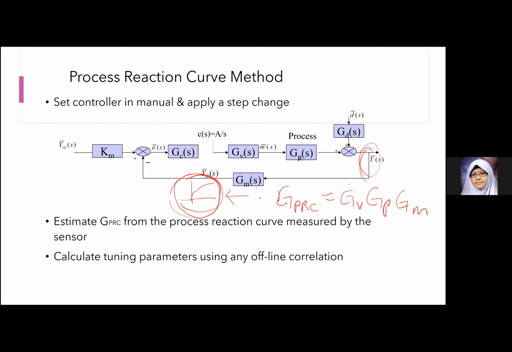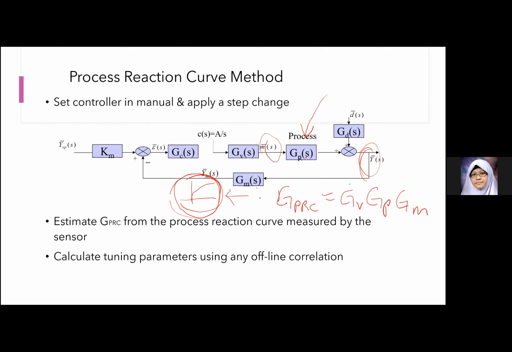However, for your case study, we do not have the GPRC, but instead we use a simulation. Okay. So if you are doing a simulation, it's so much easier to make the step changes. If you make the step change in the manipulated variable, or if you make the step change in the set point, then you can actually get the GP.